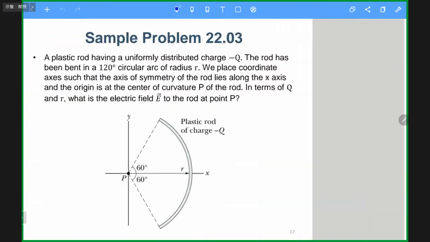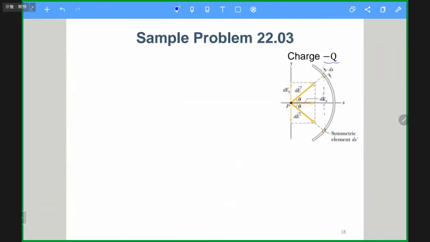And of course, the total charge is negative q. So we should have q equals the length of this arc.